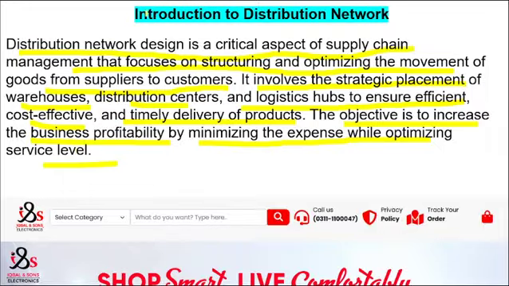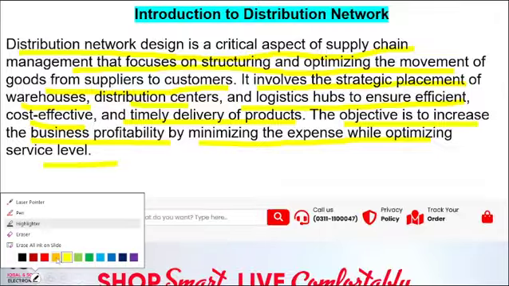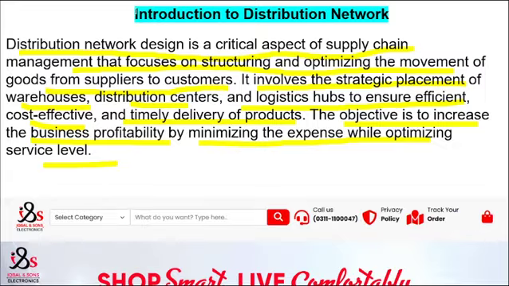Let's summarize the whole definition and see what the most important things are saying to us. What does distribution network mean? It's known as a structure and optimizing the movement.